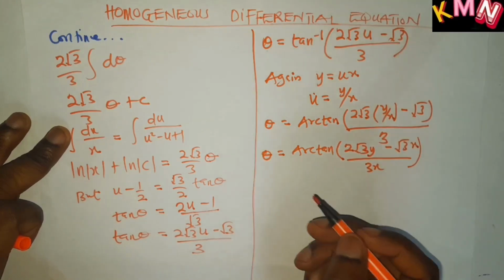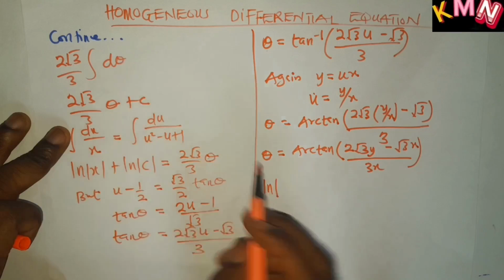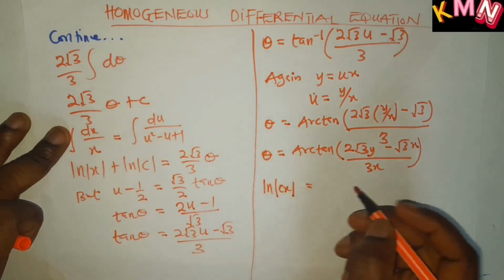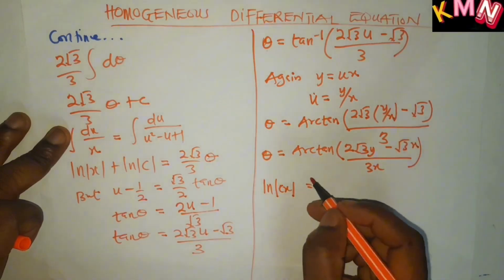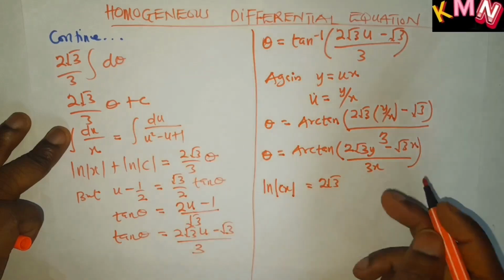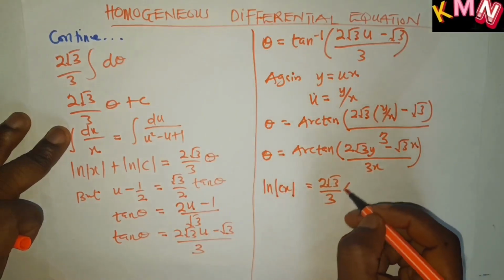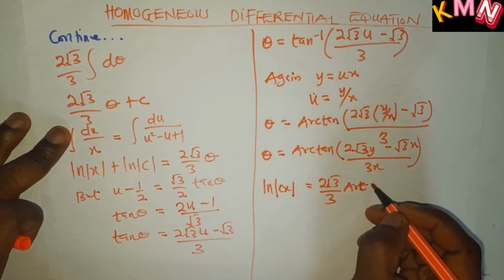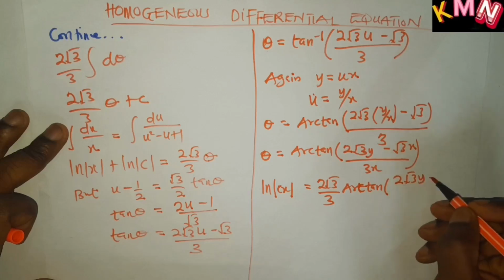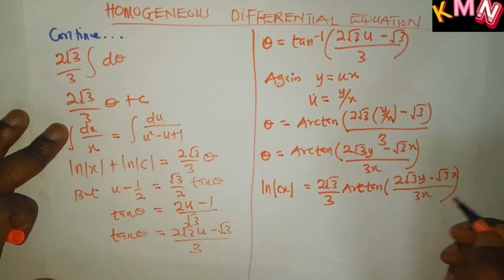So with that, we can confidently say that when we simplify this, we get ln cx equals 2 root 3 on 3 arctan of (2 root 3 y minus root 3 x) all on 3x.